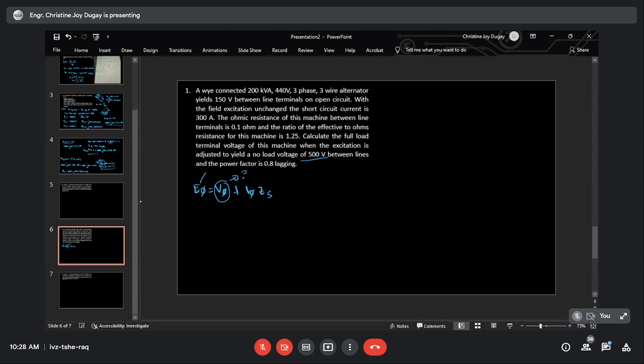Pero hindi po yung V phase ha, kasi ang tanong is terminal voltage or that is the line voltage, no? V line. So, kung makuha niyo si V phase, that is square root of 3 ng V phase. So, yan na po siya.